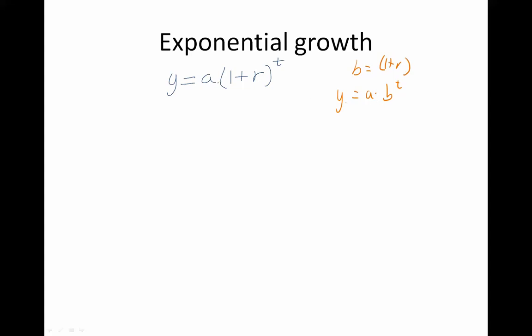All we're doing here is changing the way that we reflect the growth rate. This is the same thing. The a is the starting point, the 1 plus r is the growth rate, and the t is time.